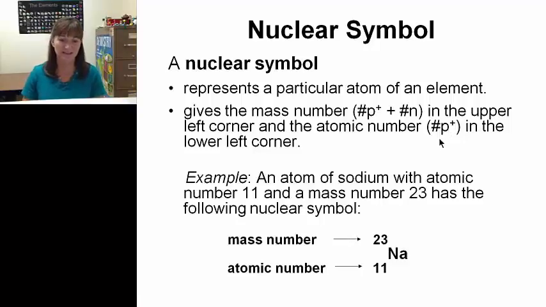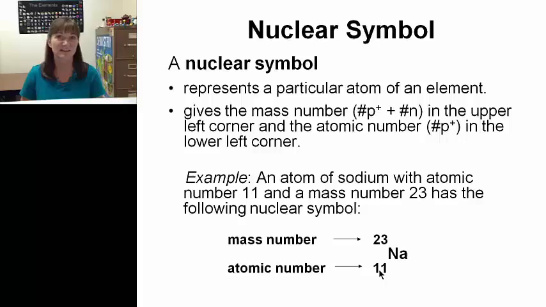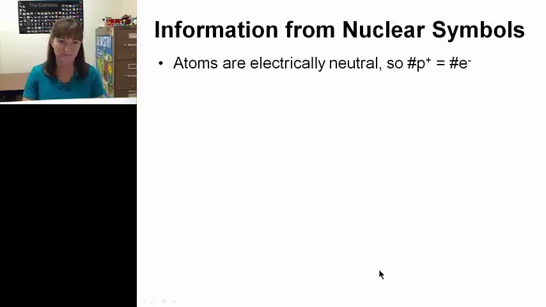So here's an example of that. This is sodium, and this particular sodium has a mass number of 23. So it has 23 protons plus neutrons, and it has just 11 protons. So some information we can get from a nuclear symbol. First of all, atoms are electrically neutral.